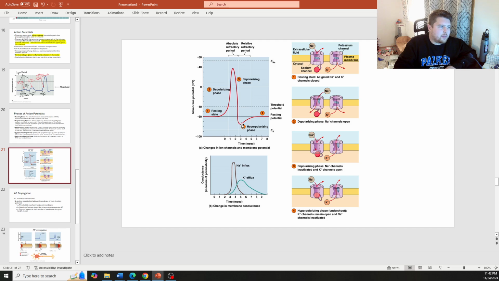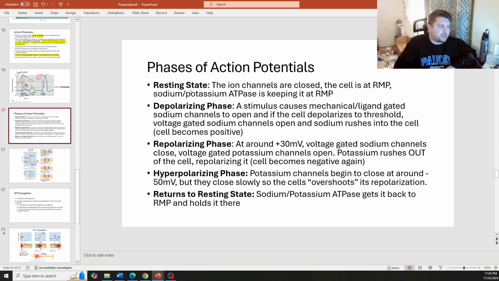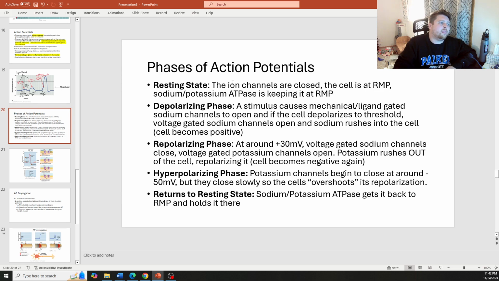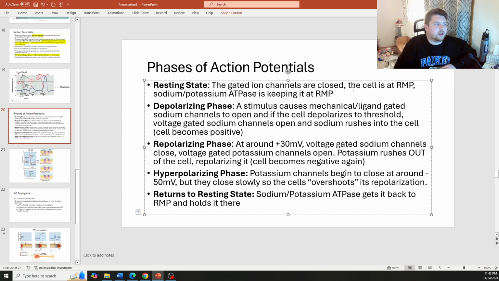We have a hyperpolarizing phase, and then we get back to our resting potential. The resting potential, this is all of the important information that we need to know right here. So the gated ion channels are closed at resting potential. The cell is at resting membrane potential, and the sodium-potassium ATPase is keeping it there.